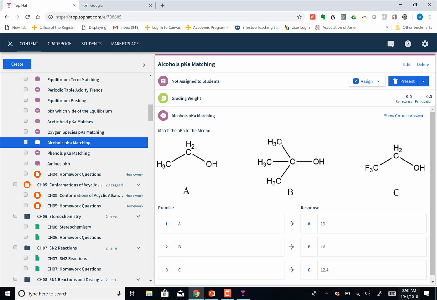So in terms of acidity then, you have a less stable conjugate base, which means you have what kind of acid? Weaker. So which one of these is the weakest acid? Primary, secondary, or tertiary? Tertiary.